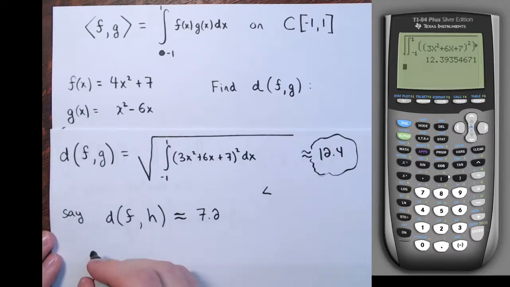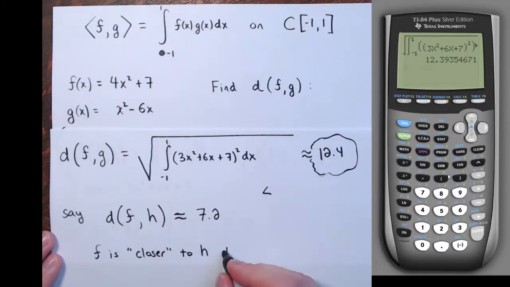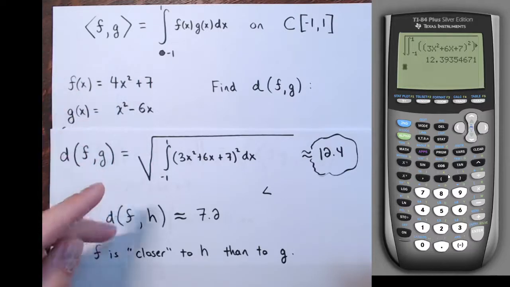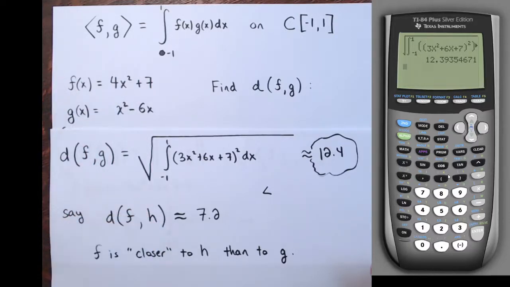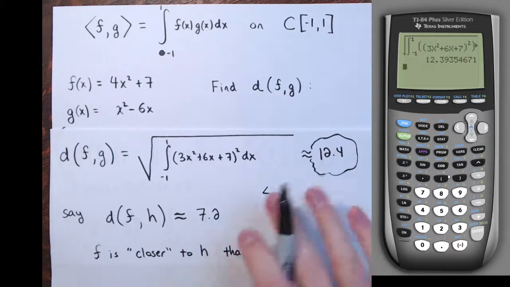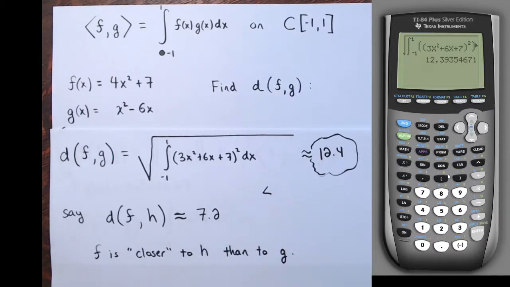All this would mean is that f is closer to h than to g, meaning that f has more similarity to h than it does to g. That's how these distance functions are usually used, as a relative comparison.